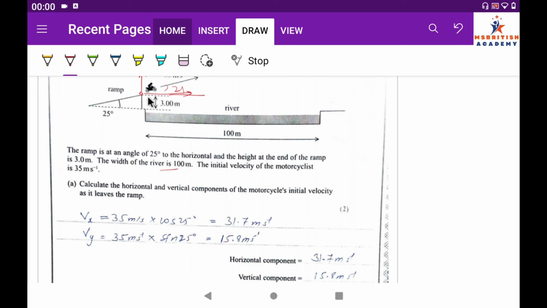So Vx is equal to 35 cos 25, that is 31.7 meters per second, and Vy, the vertical one, is 35 sin 25, that is 15.8 meters per second. Okay, horizontal and vertical components calculated.